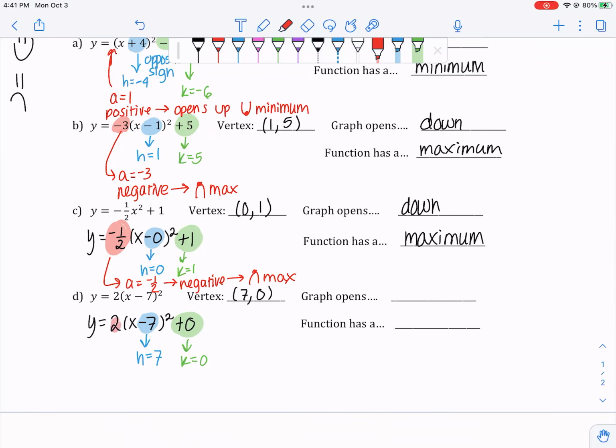The a value is 2, which is positive, which means it's going to open up, which means there's a min. So the graph opens up and there's a minimum.